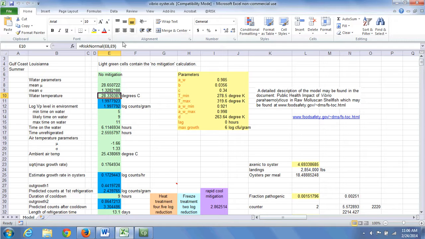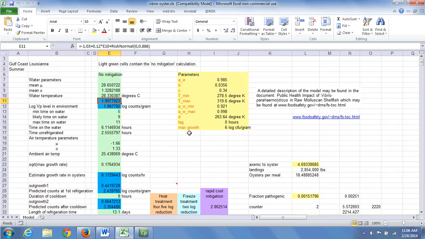And so those of you who are interested can look up here in this function line as I go through the model. I won't be explaining everything that you see, but you will see here there's an equation that basically takes the water temperature and calculates a number of log count of Vibrio per gram of oyster flesh. So what we're trying to do is we're trying to tell a story here, an exposure story.